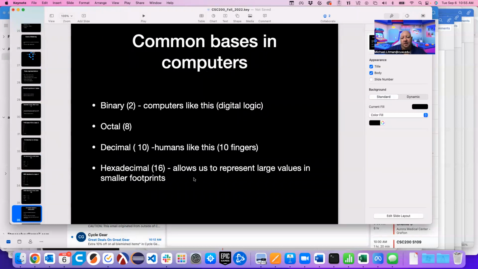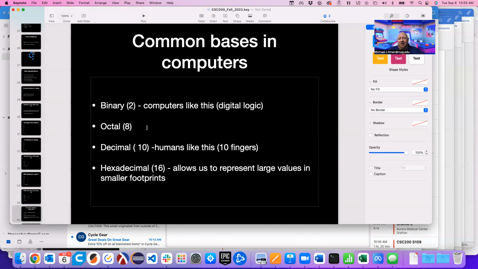There we go. For right now, we're just going to leave it at hexadecimal allows us to represent large values in smaller footprints. It's also very compatible with something else, but we'll see that in a little bit. All right, now octal. Octal's kind of our weird one.